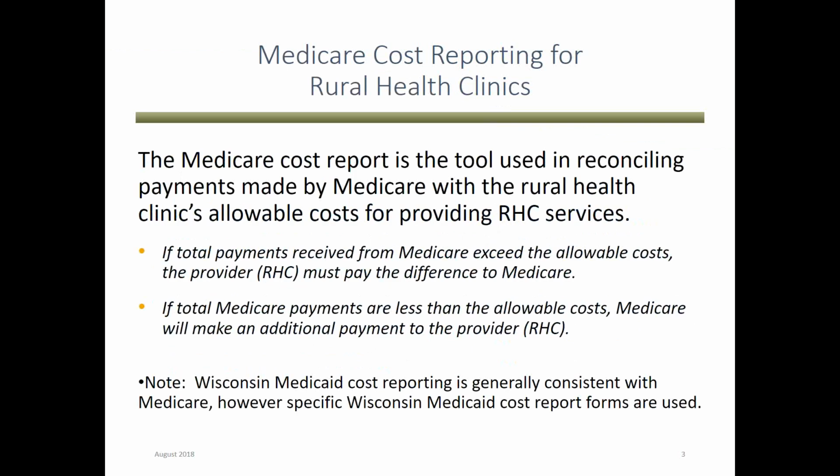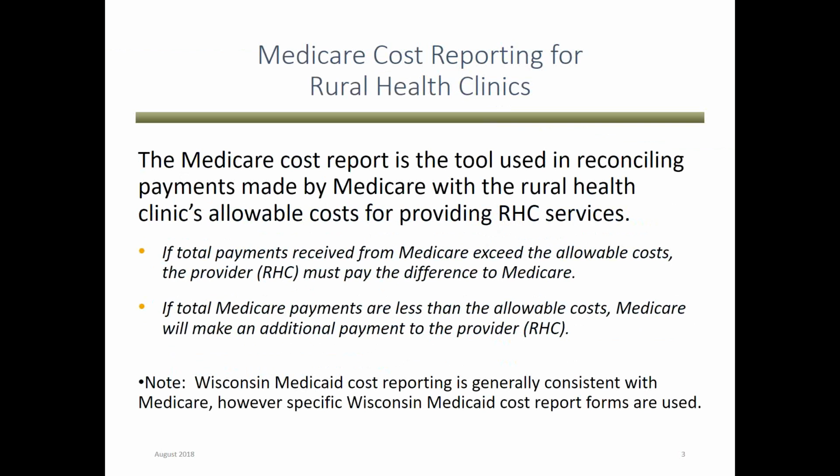The Medicare Cost Report is the tool used in reconciling payments made by the Medicare program to the Rural Health Clinic. This reconciliation compares the payments received by the Rural Health Clinic with the RHC's allowable costs for providing rural health clinic services.